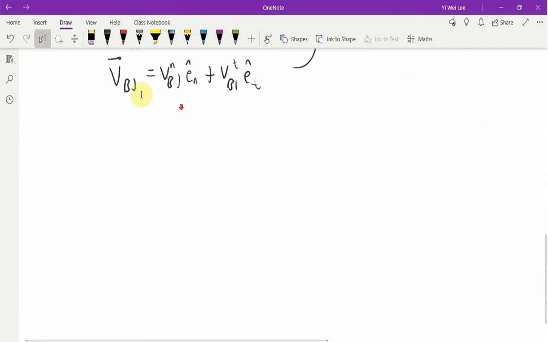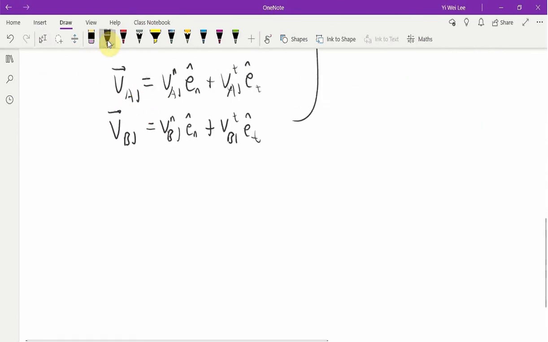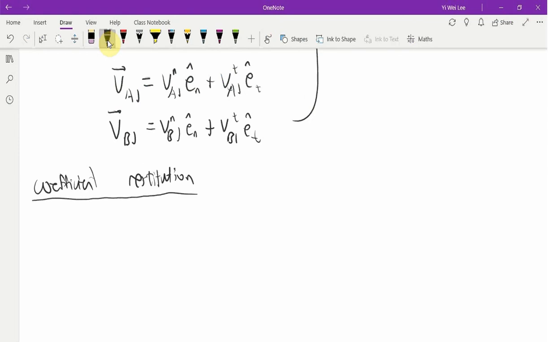First of all, let's apply the equation for the coefficient of restitution. Using the formula, we know velocity of A1 normal to the collision minus velocity of B1 normal to the collision is equal to negative e times velocity of A0 normal to the collision minus velocity of B0 normal to the collision.